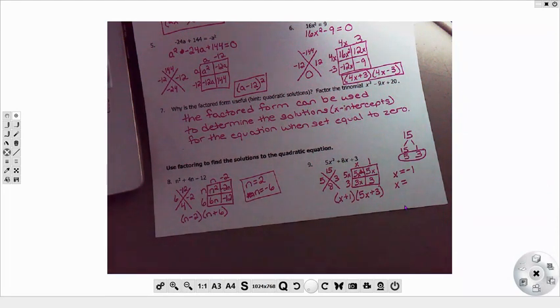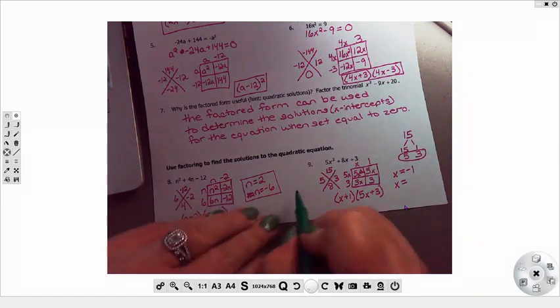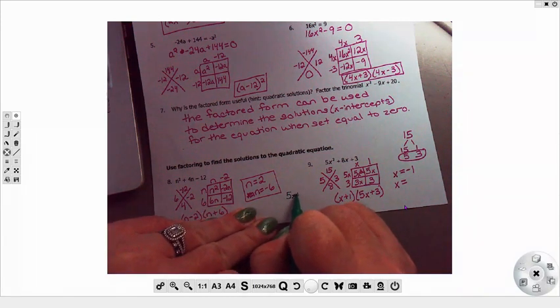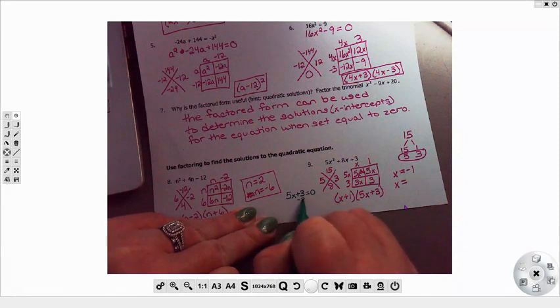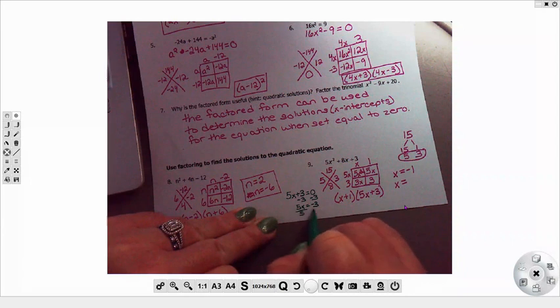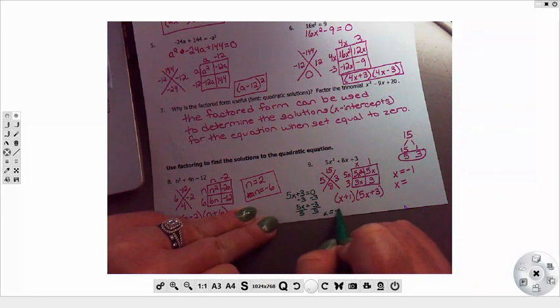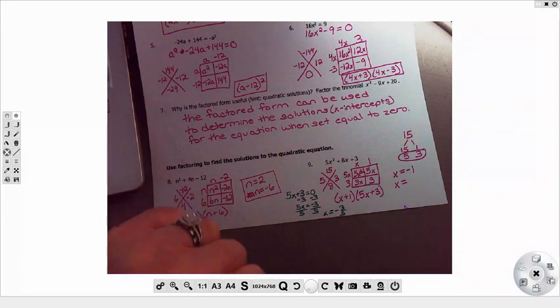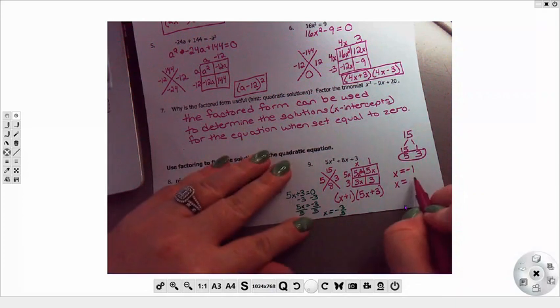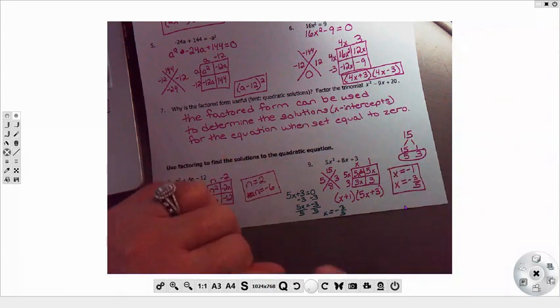Well, if I were to work this out, and I'm going to get a different color so we can see this, if I were to do 5x plus 3 equals 0, and solve my two-step equation like always, I notice that I get a fraction. I get negative 3/5. So this is saying that I should have an x-intercept of negative 3/5. So those should be my two x-intercepts.